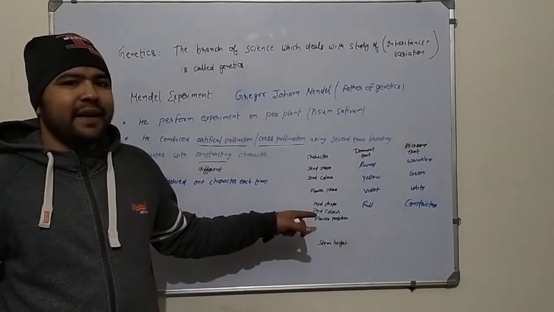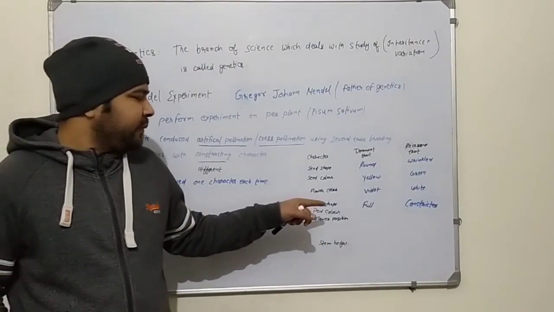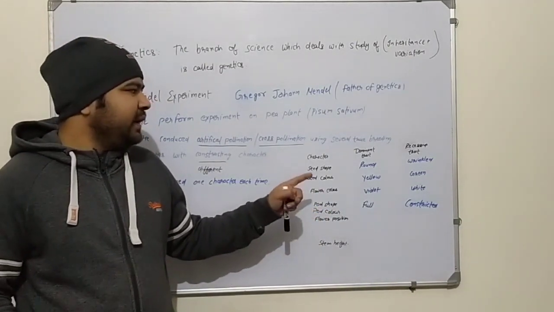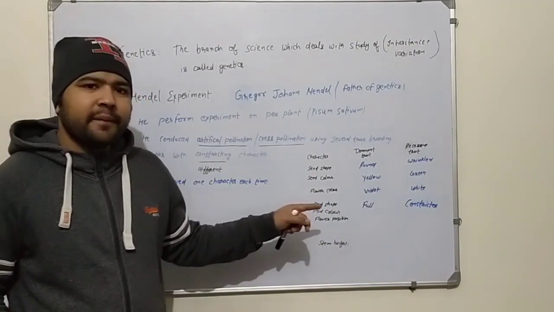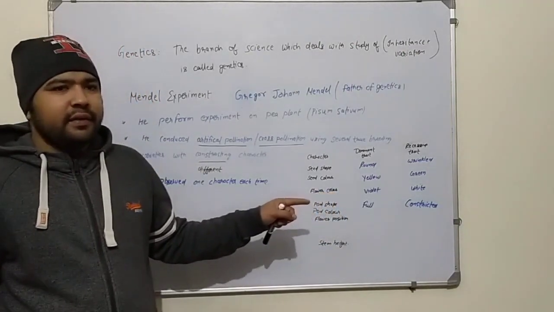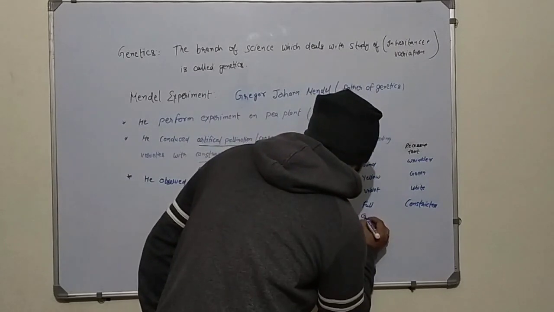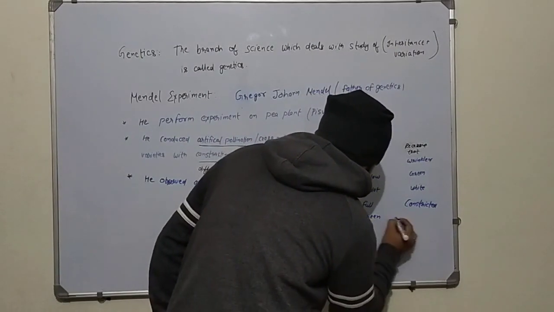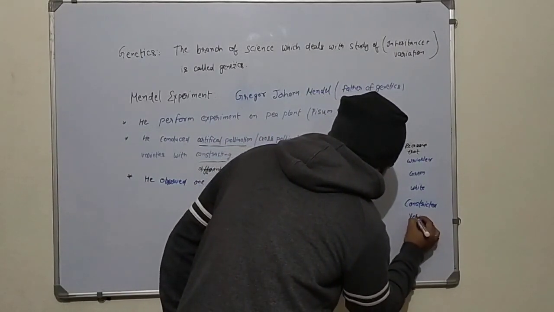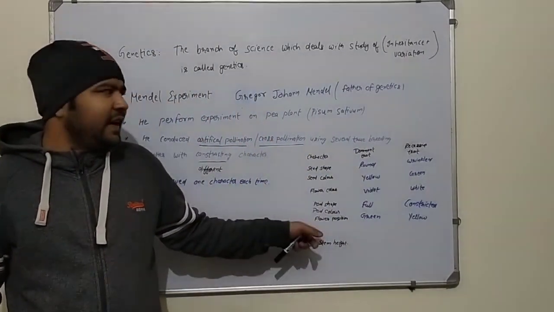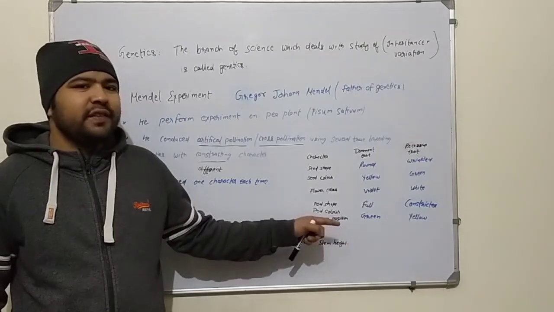Another character he observed is pod color. The dominant trait in pod color is green and the recessive trait is yellow. The next trait he observed is flower position.